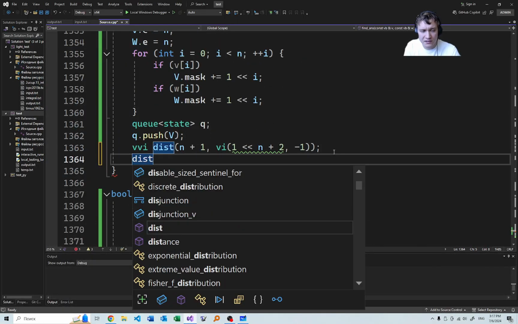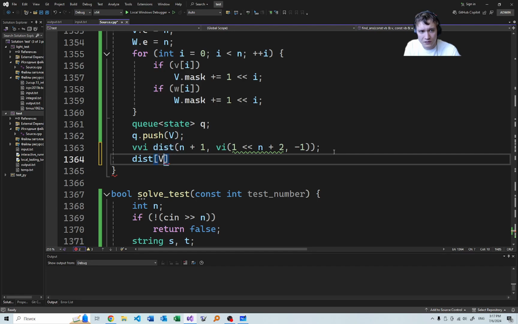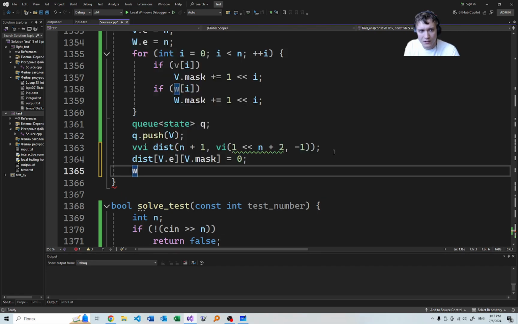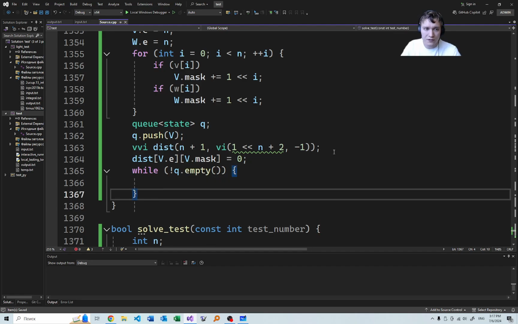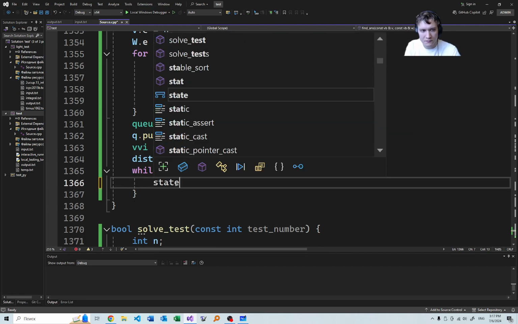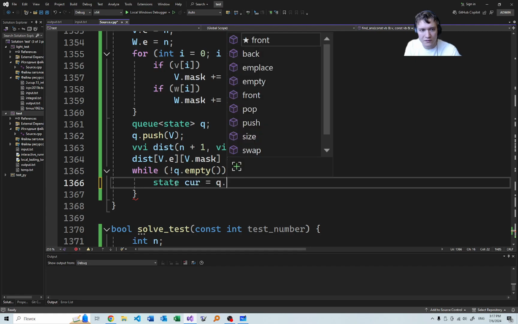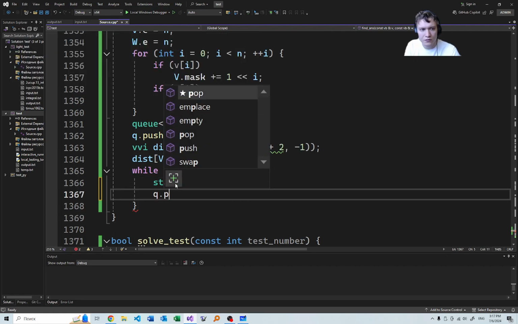And I say that distance of v.e v.mask is 0. Then let's say that while not q.empty, I say I have state current equals q.front, q.pop.